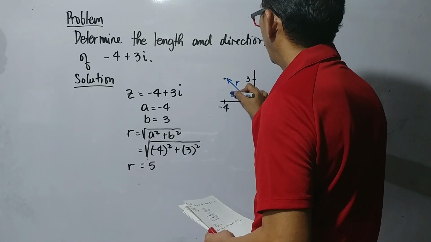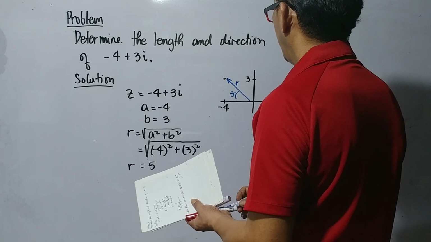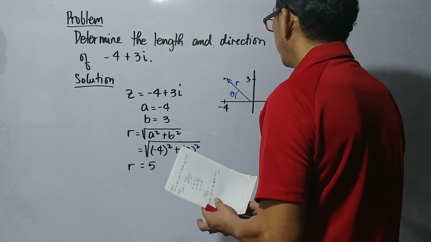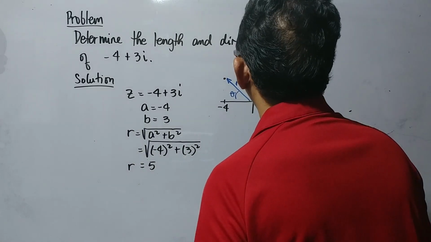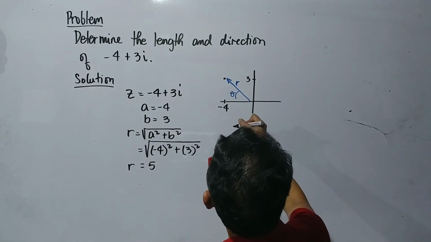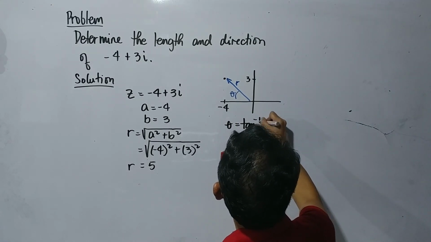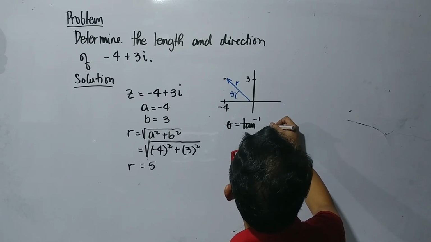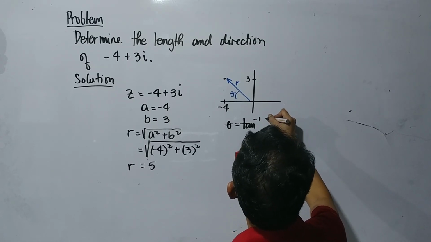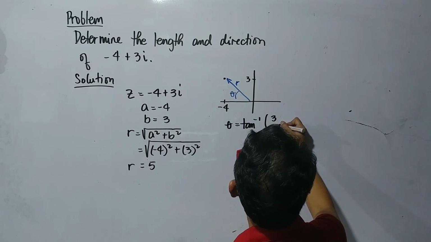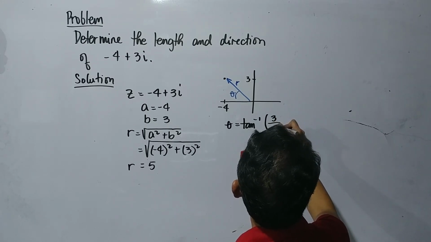This is our theta. So with that, theta now is the arctan of 3 over 4.